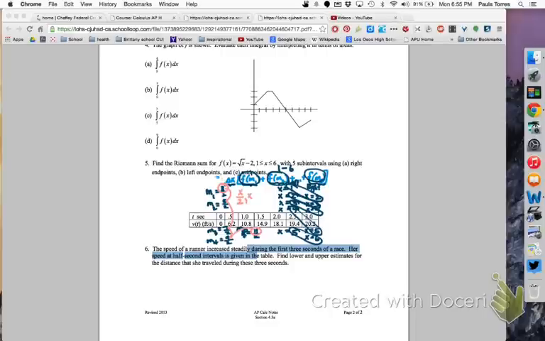Again, the variable is x. I want x to start at 3. I want it to end at 11. And I want it to count by 2s. And so the way that I do it in order to get the hamsters to do the calculations is I put this sequence into list 1 in my stat editor. We used this one time before when we were messing around with these earlier.